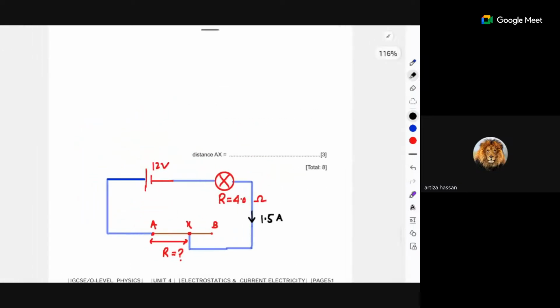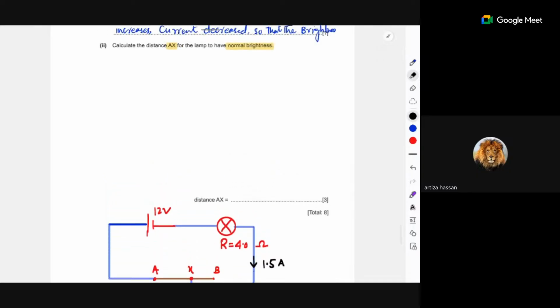So the total resistance in the circuit, R total, is equal to V total divided by I total. What do I need? The total voltage is 12 volt. What is the total current for which the lamp will have normal brightness? It is 1.5 ampere. So what will be the total resistance?